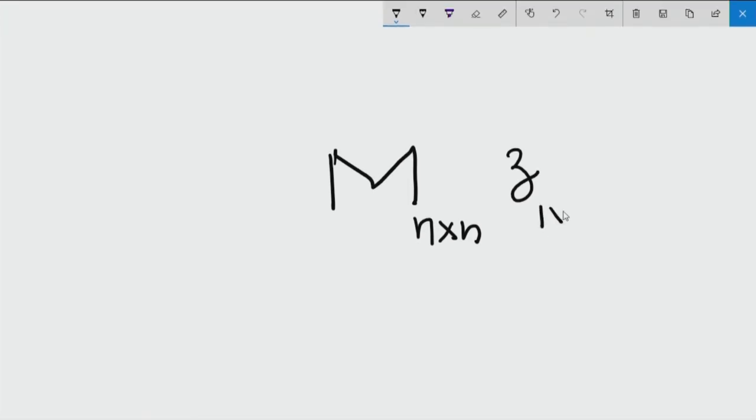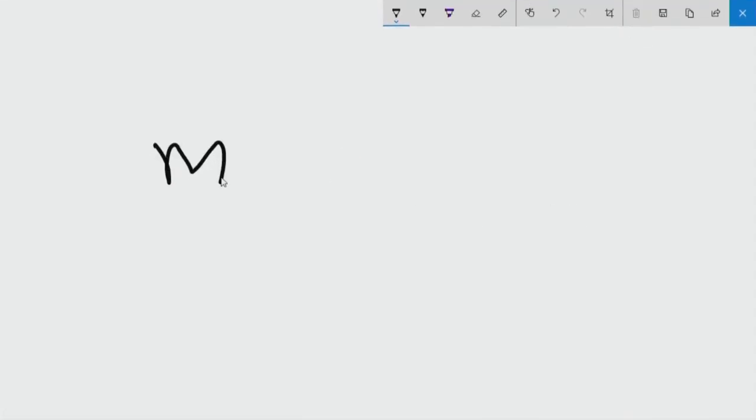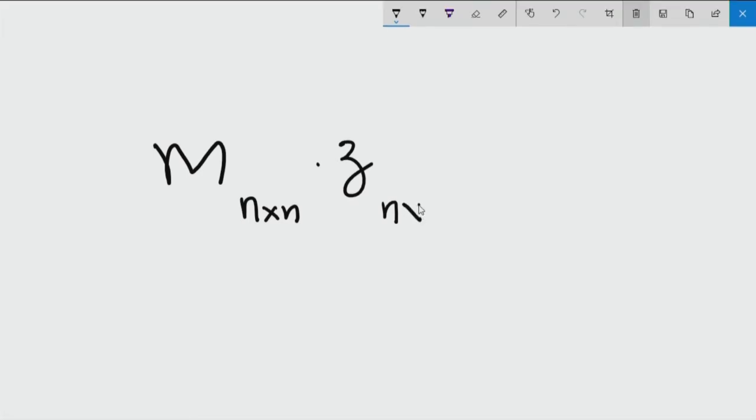A column matrix has one column and n rows, sorry, n by 1. Then Z transpose is 1 by n.